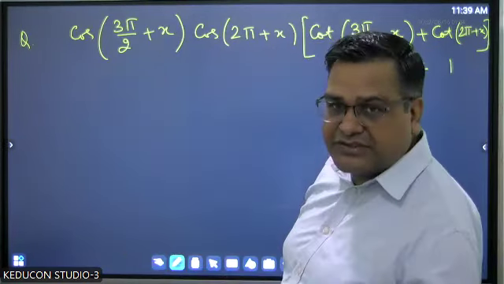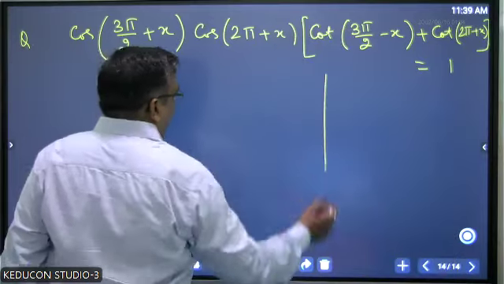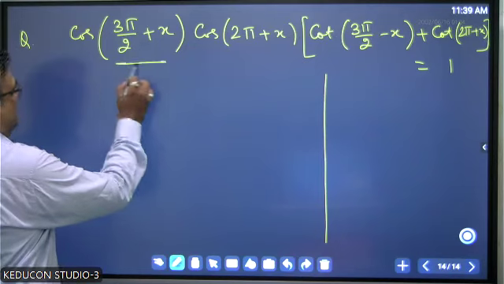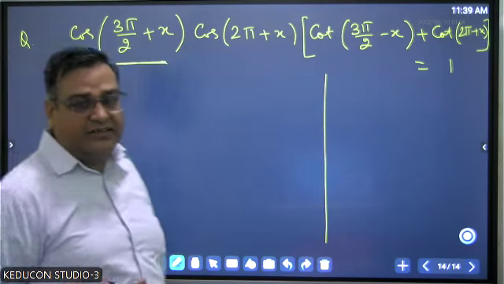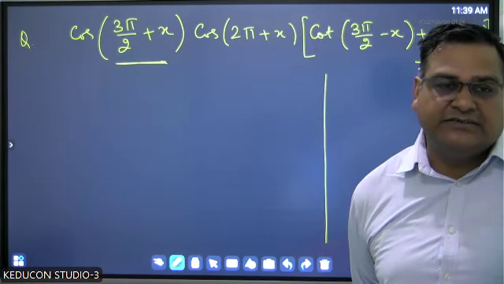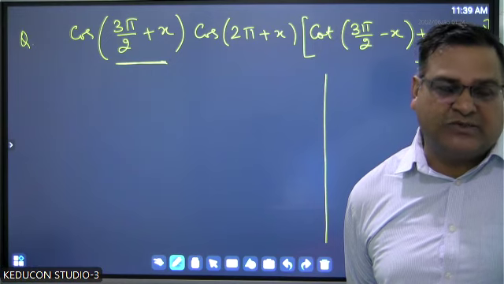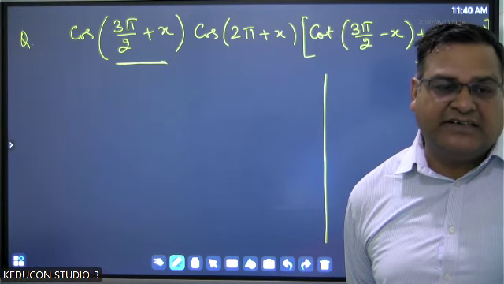We have to prove this, right? So first of all, does this lie in the first quadrant or second quadrant or third quadrant? 3 pi by 2 plus x is which quadrant? 3 pi by 2 plus x, students. Tell me the quadrant.